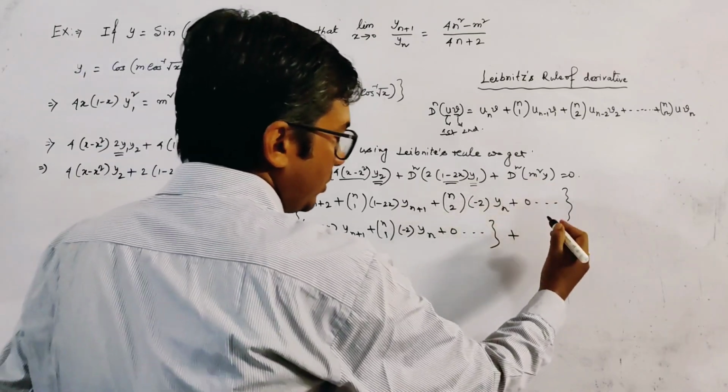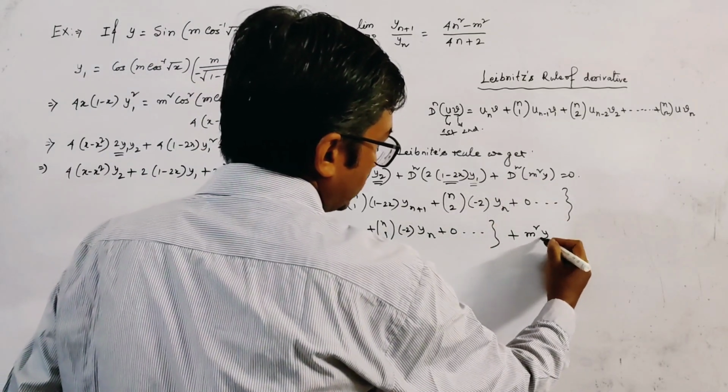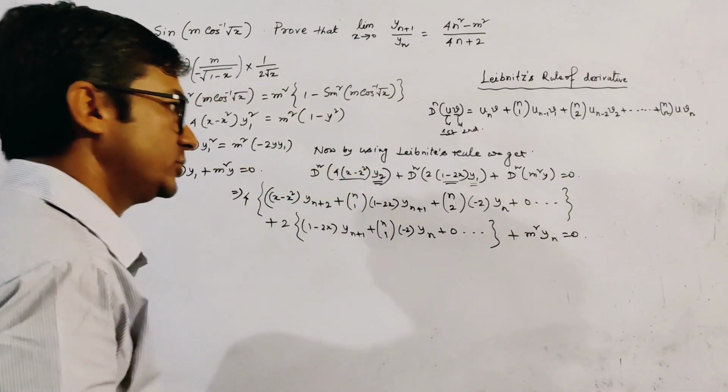Plus the derivative of the last term is simply m² y_n, and this is equal to 0.